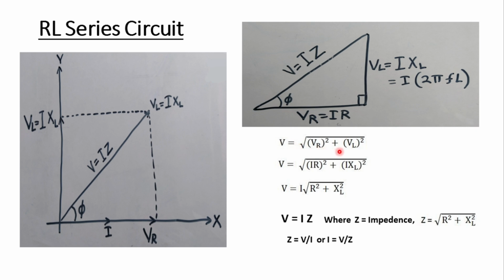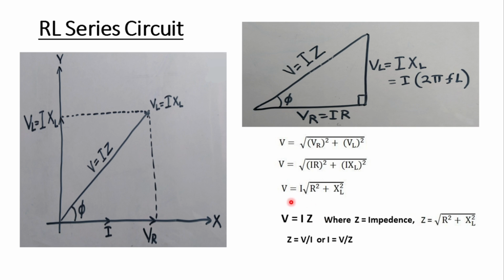As VR is equal to IR and VL is equal to IXL, we can write the next equation as V is equal to square root of (IR) square plus (IXL) square. After solving this equation, we get V is equal to I into root of R square plus XL square.